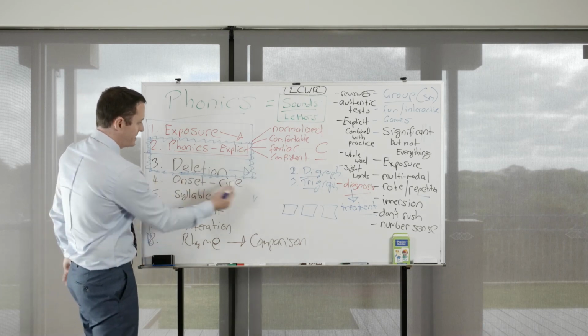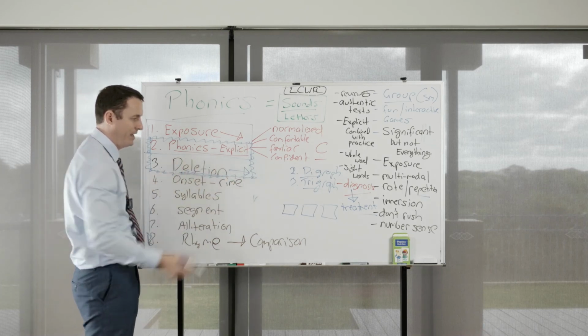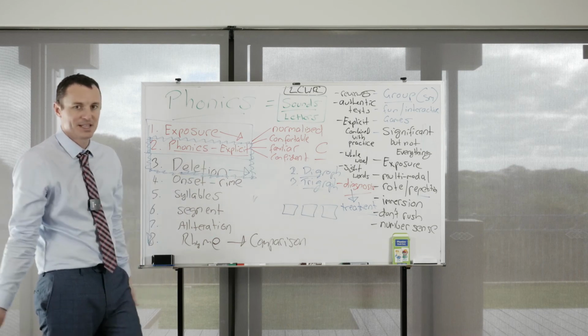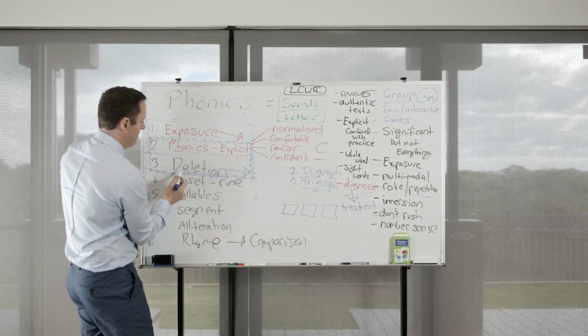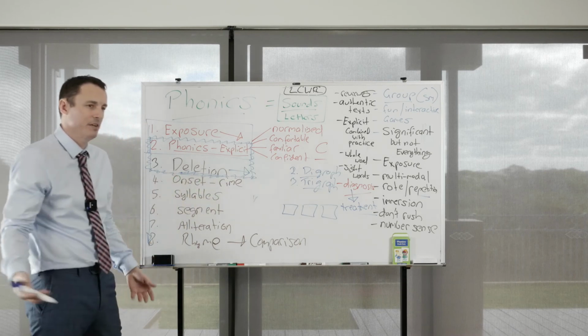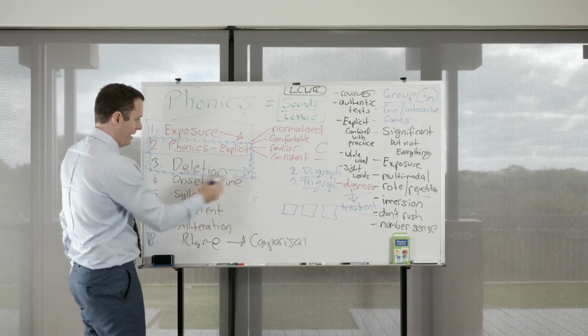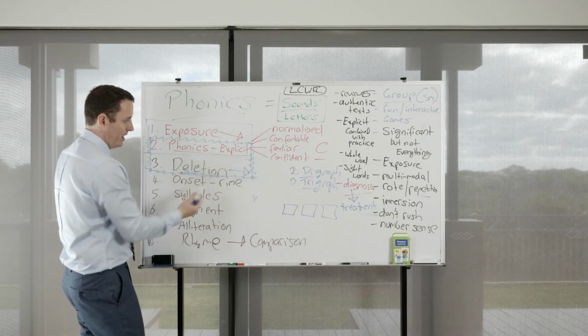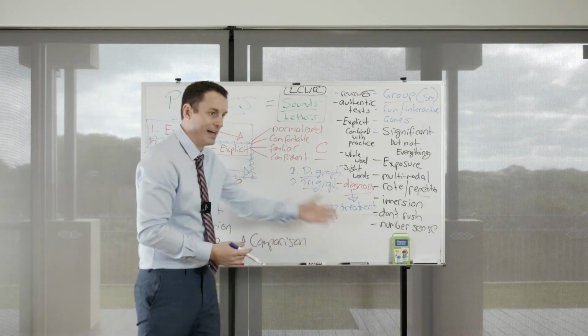Obviously, there are various different levels involved. You're not going to give them words like miscellaneous. So basic words, 2, 3, maybe 4-letter words, and they're starting to get an idea of how sounds interact with each other.